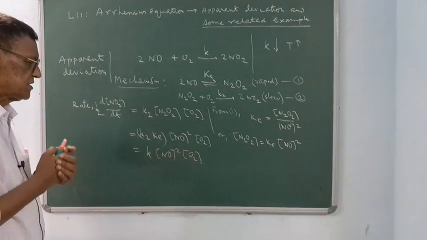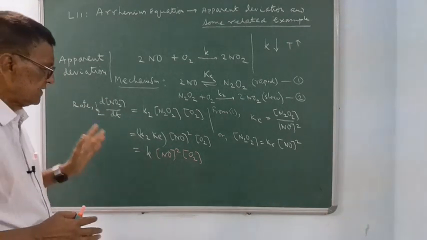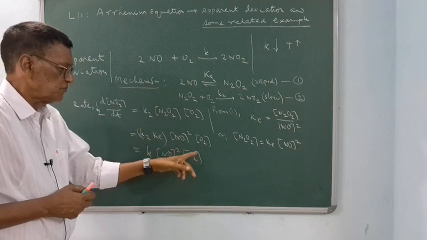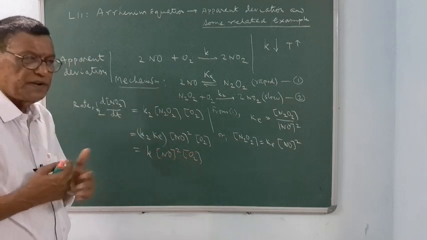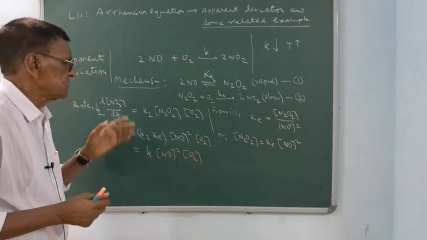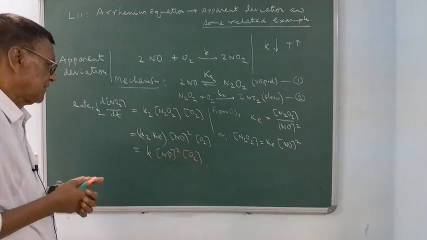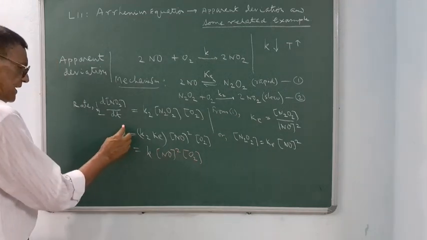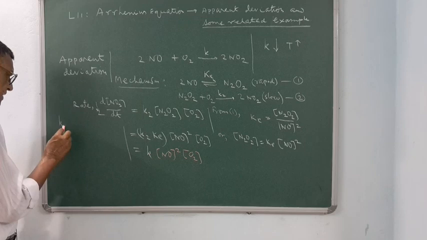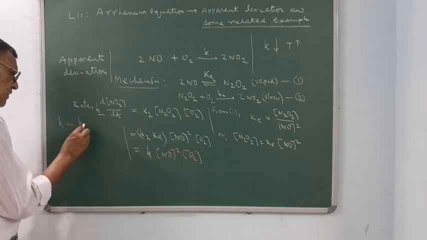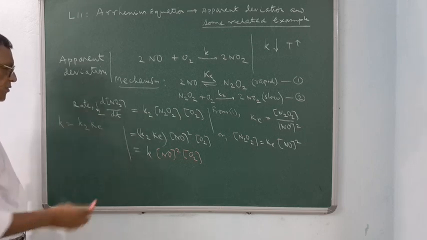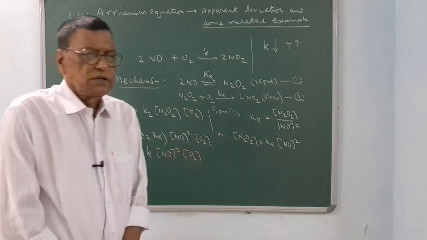According to the suggested mechanism, it is second order with respect to NO and first order with respect to oxygen, and experimentally it is also exactly the same. So the suggested mechanism is found to be correct. The observed rate constant k is equal to k2 times Ke.